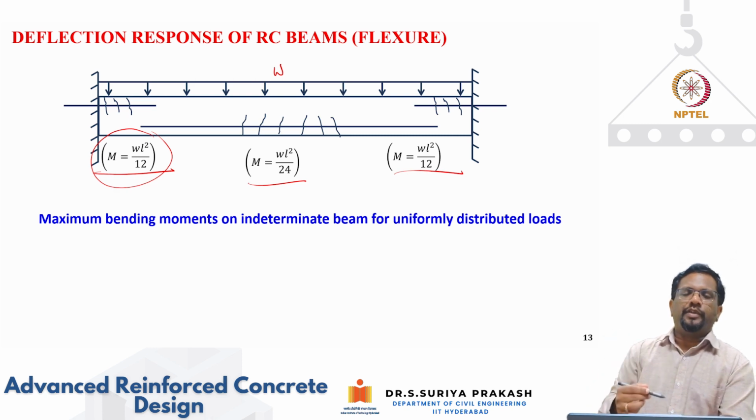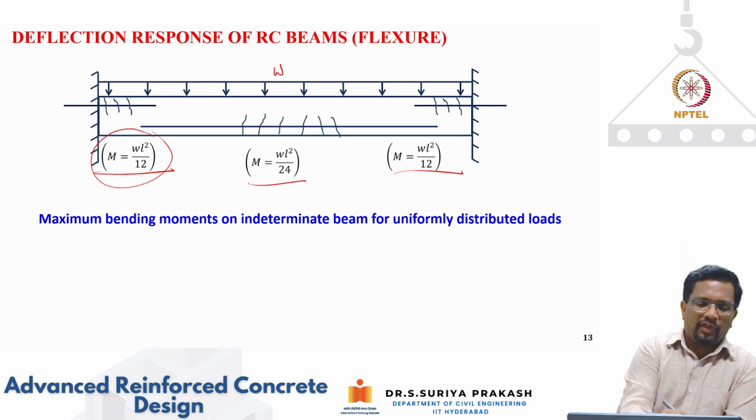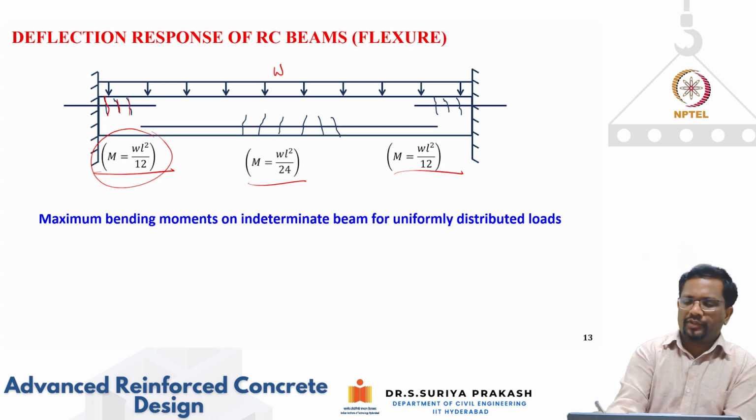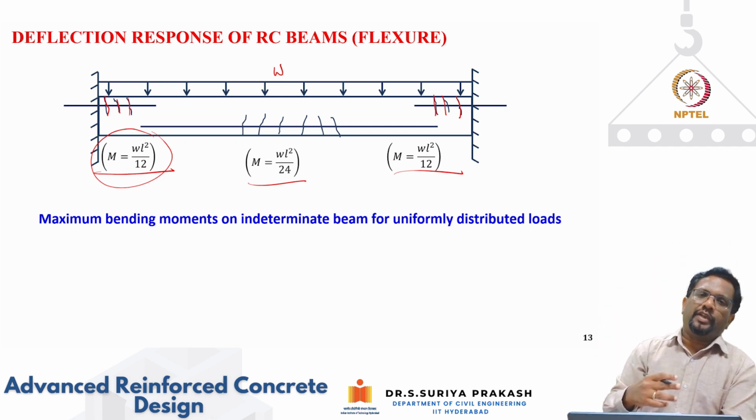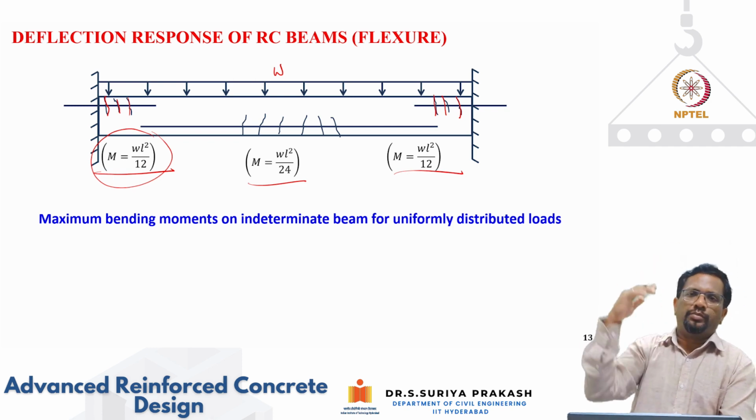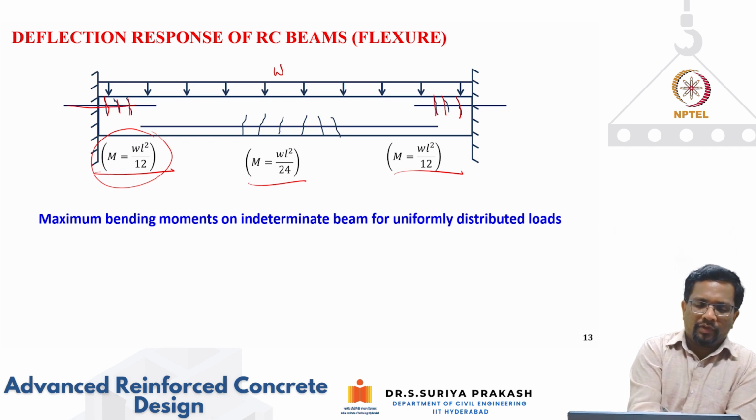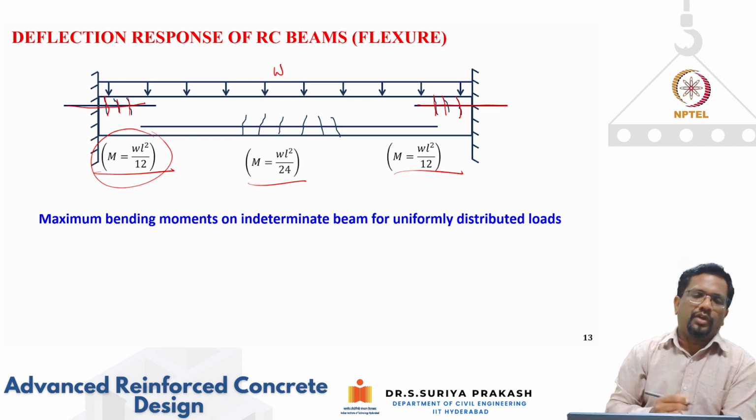But as I keep increasing this load, what will happen? First you will have cracks at the support locations, because this is where I have maximum moment. And you see here we are developing tension at the hogging moment, that is going to produce tension at the top. So you have to put some nominal reinforcement to control this crack. Then if I keep increasing, the reinforcement will start transferring the load.